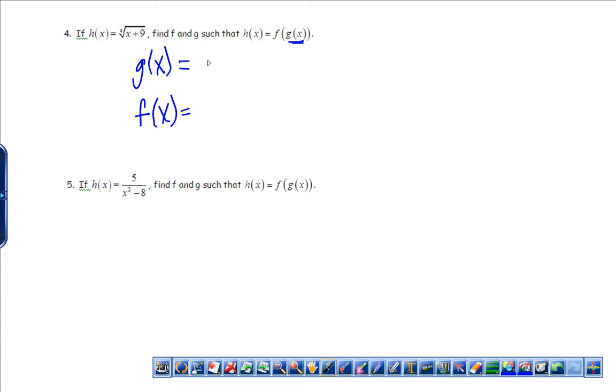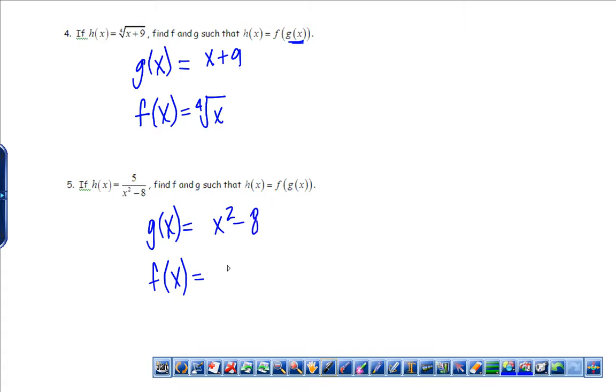So I'm going to try, maybe if I plugged in an x plus 9 and I made my f of x the fourth root of x. Let's do another one, g of x. And again, I'm doing the most simplified version that I can come up with. If I did g of x, I'm going to say that this is an x squared minus 8, the whole denominator, and then I'm going to say this is a 5 over x.